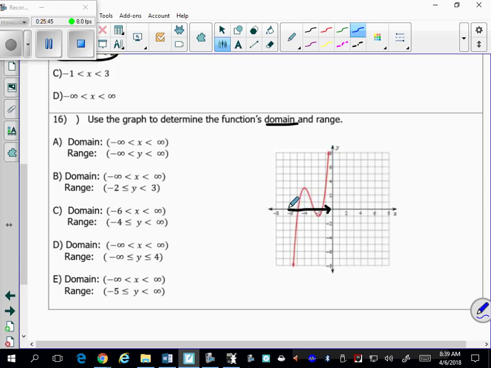And with the range, I'm going to squish it all to the y-axis, because that's what range is. So this arrow here would come over to the y-axis, and all this graph would squish over to the y-axis, all the way down, and this graph part down here would squish over, and it'd be a continuous graph from negative infinity to infinity. So domain and range are both negative infinity to infinity.